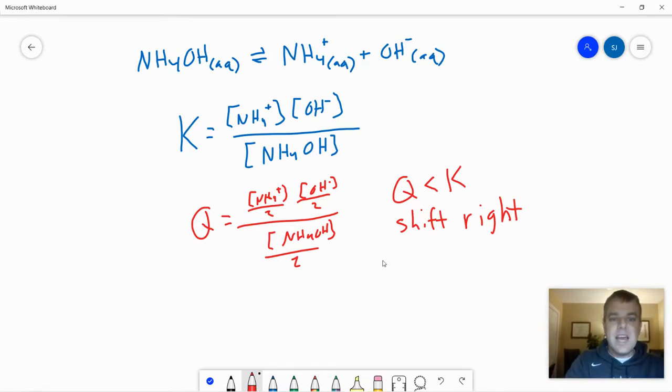Because if we're taking half of this value and half of this value, that's essentially multiplying the top by a fourth, and we're multiplying the bottom by a half. So essentially Q is now half of K, and so the reaction would have to shift to the right to reestablish equilibrium. So that is Le Chatelier's principle in a nutshell. If you have some questions about it, there are 3 videos on Le Chatelier's principle in AP Classroom.